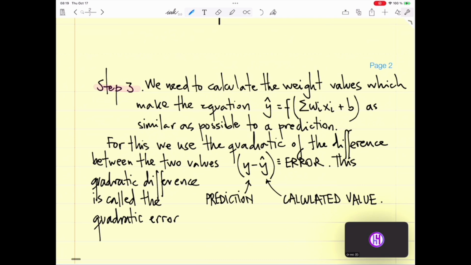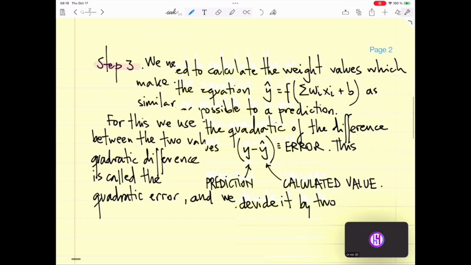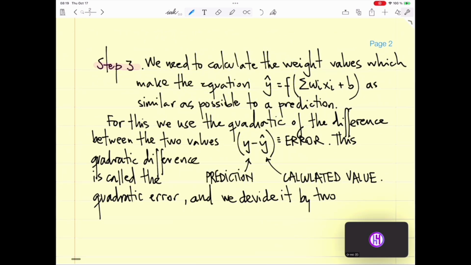Okay, and we divide it by 2 so that when we want to... let me first say something about the quadratic error.